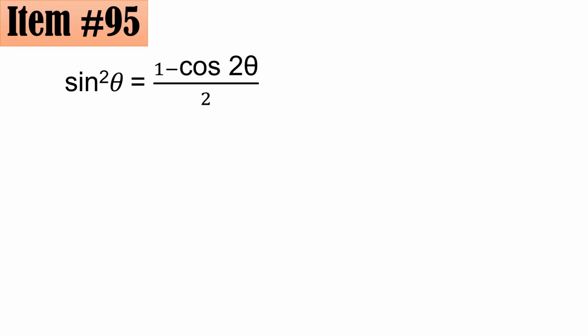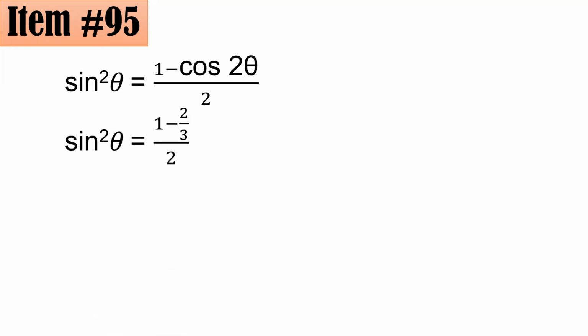Kasi nga, di ba, sabi natin kanina, meron pang isang formula for cosine 2 theta. That is, cosine 2 theta is equal to 1 minus 2 sine squared theta. And I derived sine squared theta in terms of cosine 2 theta, and we have this po.